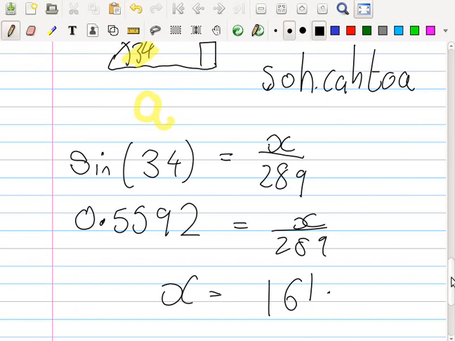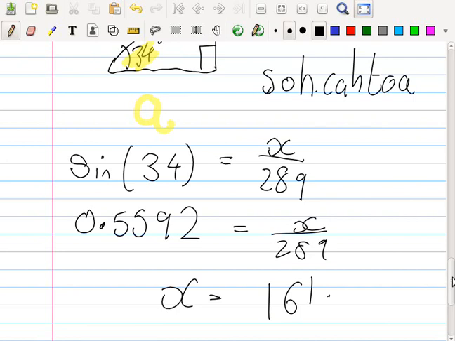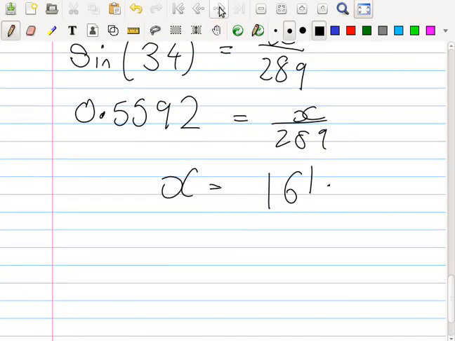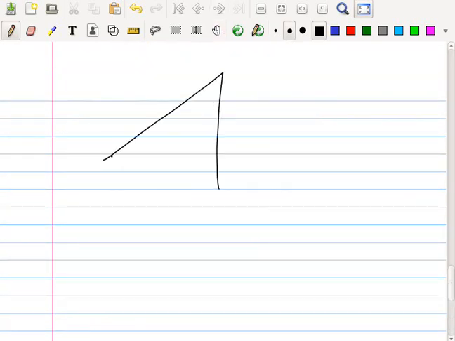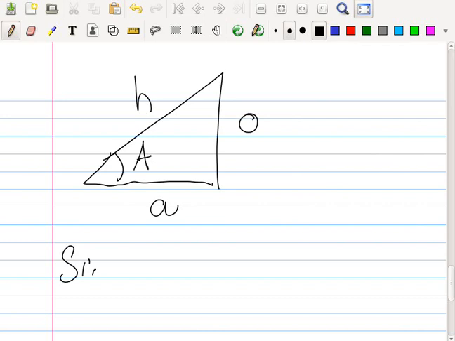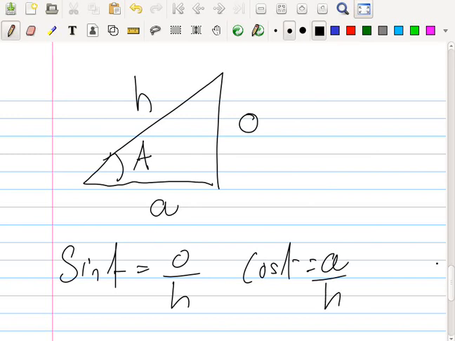Right, now, just as a really quick revision, there's your triangle, and this is the opposite, this is the angle here, this is the adjacent, and this is the hypotenuse. So sine A is opposite over hypotenuse, cos A is adjacent over hypotenuse, and tan A equals opposite over adjacent.